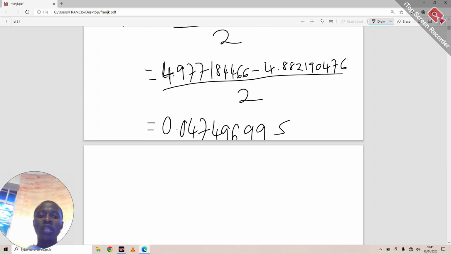Remember to write the whole answer. Then after writing the whole answer is when you can round off your answer.